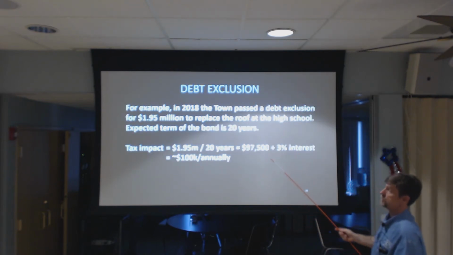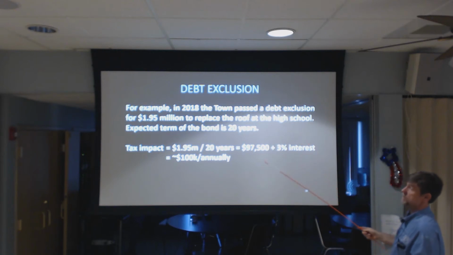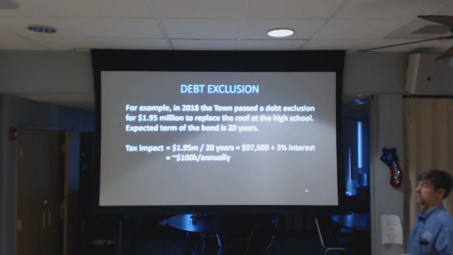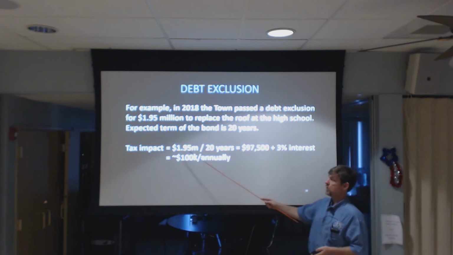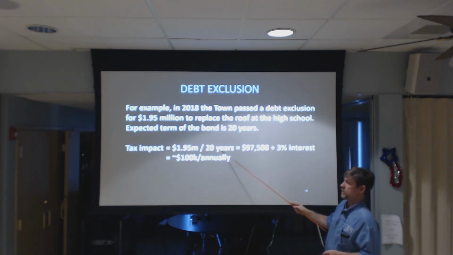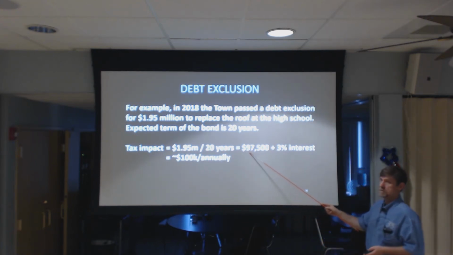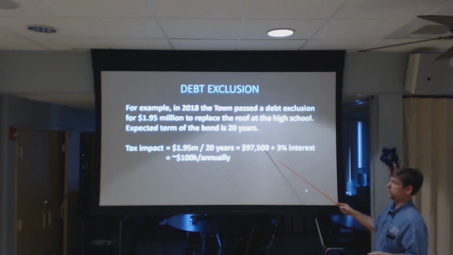So, for example, in 2018, we passed the debt exclusion for $1.95 million to replace the roof of the high school. The expected term of the bond is 20 years. So the tax impact, when you look at your tax bill, $1.95 million divided by 20 years is only $97,500 per year plus 3% interest.